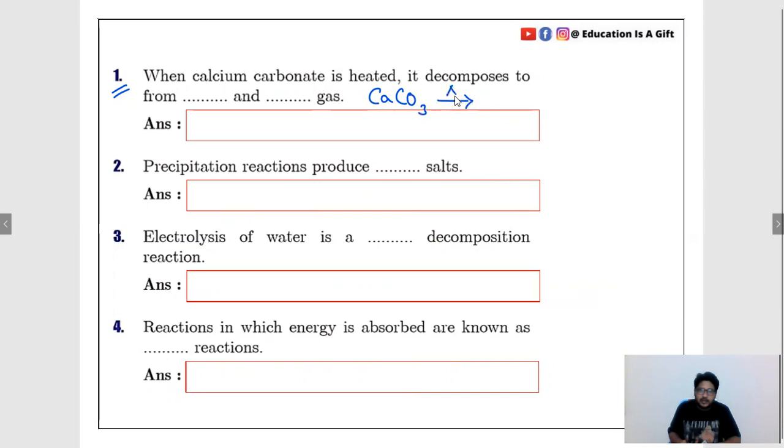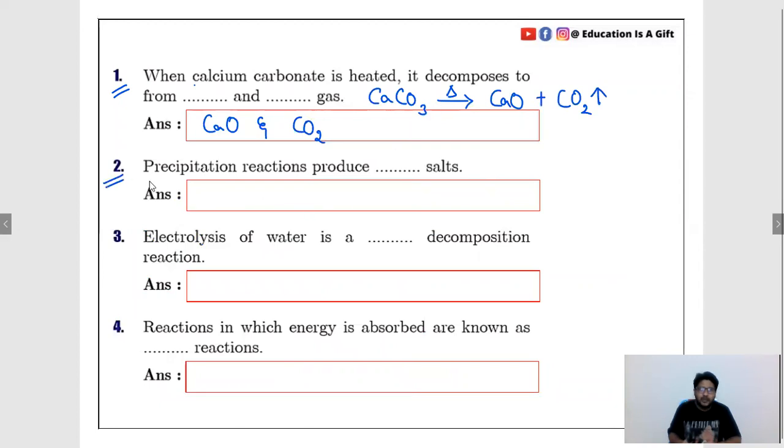If it is heated, it gives CaO, calcium oxide, plus CO2 gas, carbon dioxide gas. So answer here we will get CaO, calcium oxide, and dash gas, carbon dioxide gas. In question, if they ask equation, you can write this one.